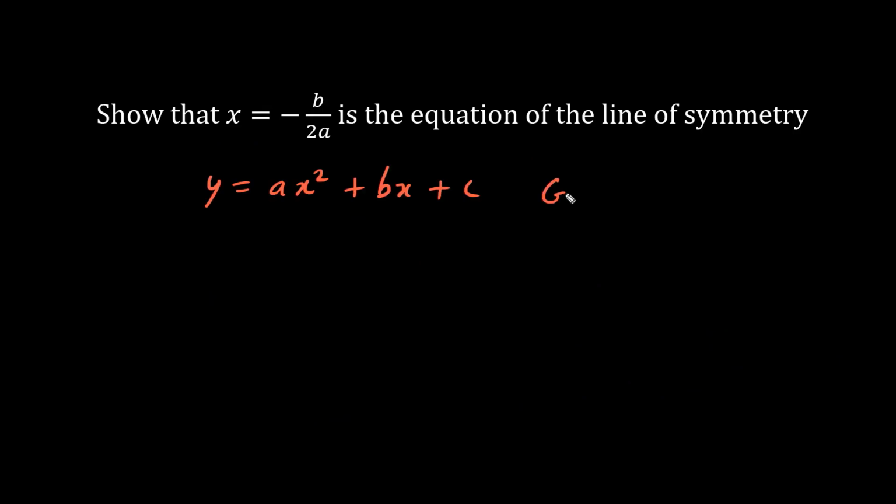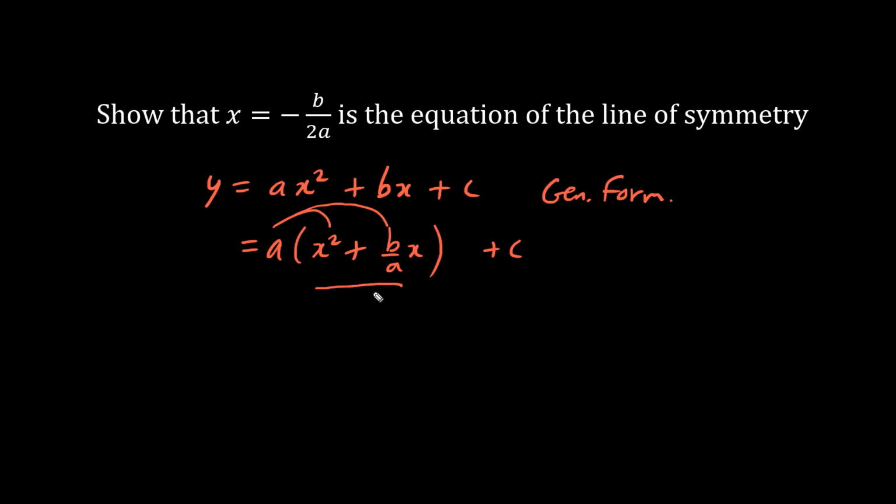This here is the general form of the quadratic. And we're going to complete the square by factoring out the a. So we have a times (x squared plus b over a times x). We're just factoring out the a, and a times the second term becomes the second term up here. And we'll leave the c alone.